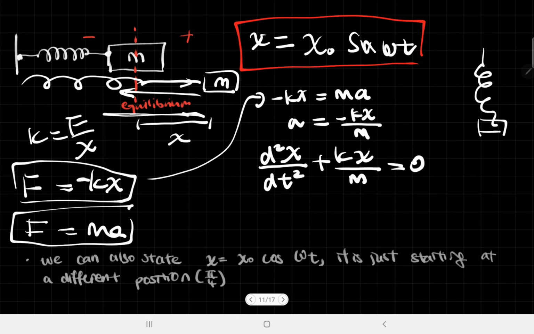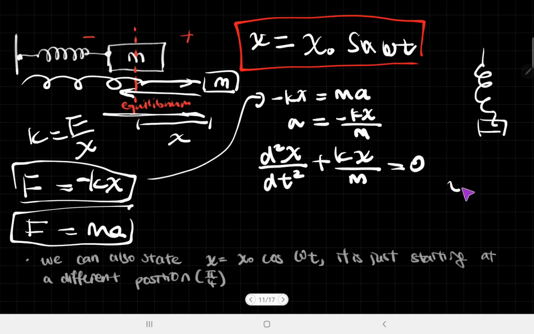So now we just have to fill in the gap. Which equation can we put as x so that when you differentiate it twice, you're going to get the negative version of the exact same equation so that it cancels out and it becomes 0? Well, we know that the sine function would do it.